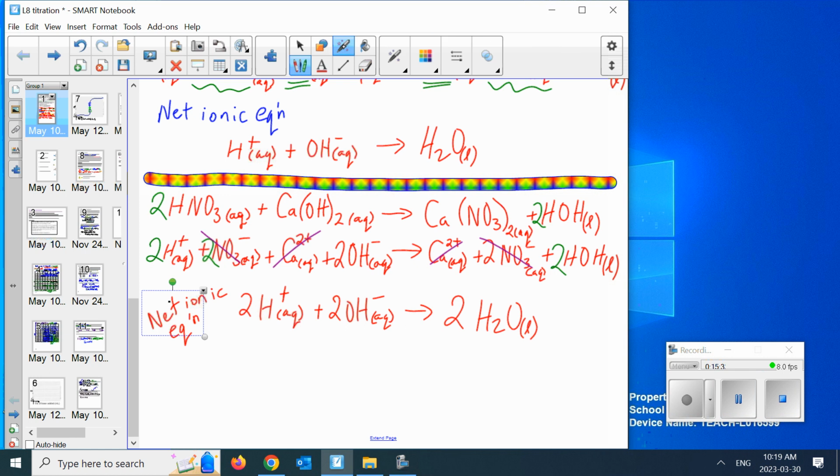If I ask you for a total ionic or net ionic equation, given this, you say, okay, what's going to form the water, the H and the OH? Okay, this stuff, the H and the OH. And then it's the calcium and the nitrate that disappear. It always ends up being that, with an acid base neutralization.